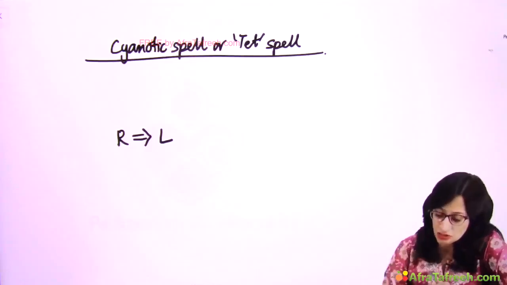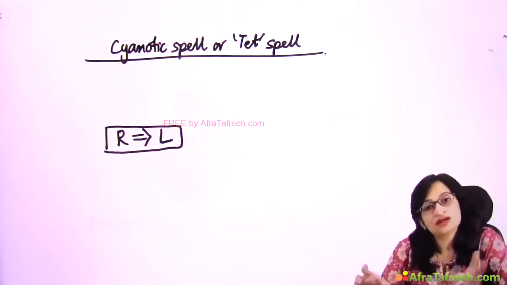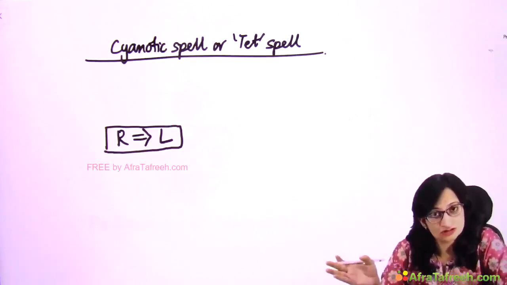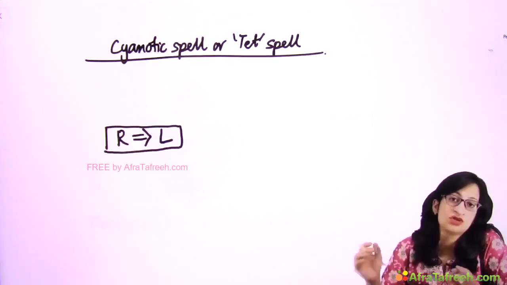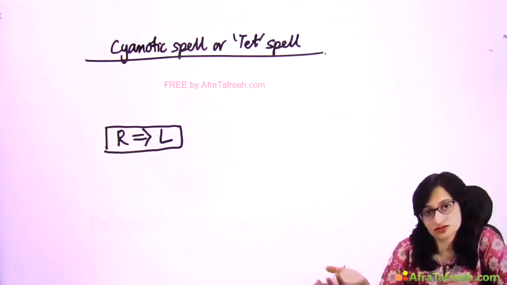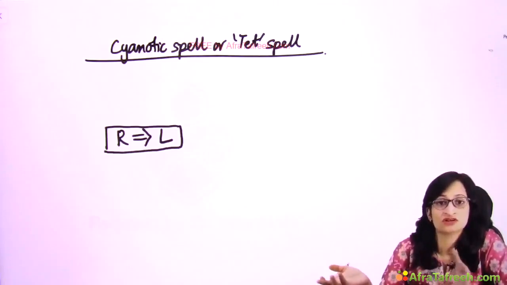Now, in tetralogy of Fallot, a right to left shunt is already there. Yes? Right to left shunt means lesser blood going to the pulmonary circulation, more blood going to the systemic circulation. Right? Because of pulmonary stenosis, lesser blood goes to the lungs in tetralogy of Fallot. So more blood goes to the systemic circulation. So in tetralogy of Fallot, you have a right to left shunt.